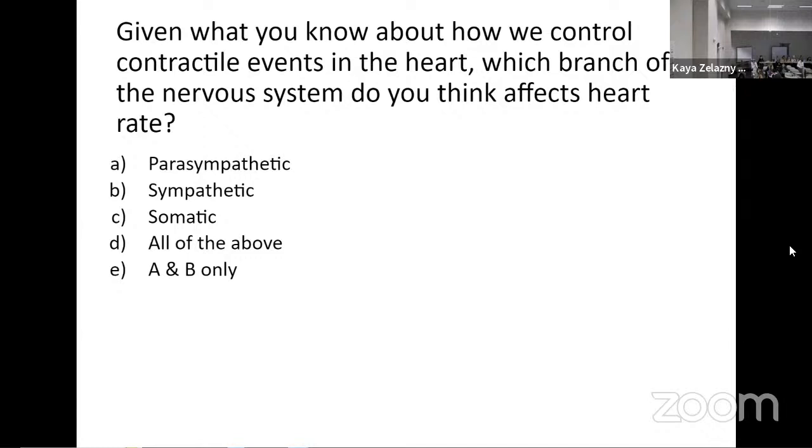We were thinking about our nervous system last time, right? So now we want to know how we can affect what the heart is doing as we think about how we can control when the heart outputs more blood versus less.